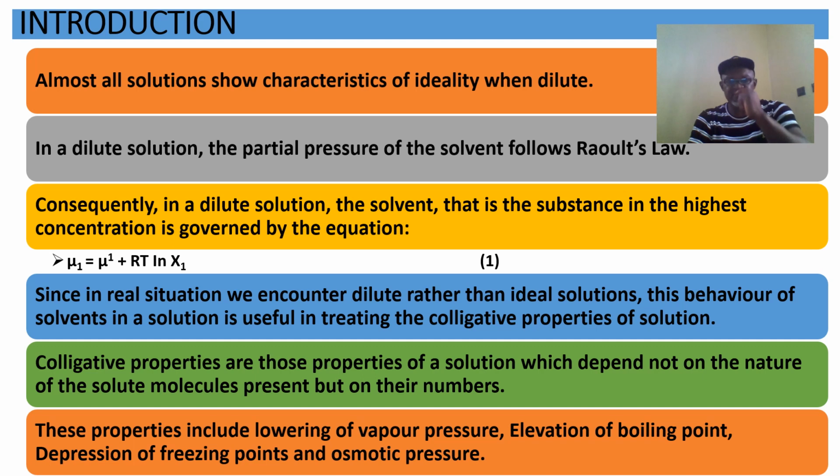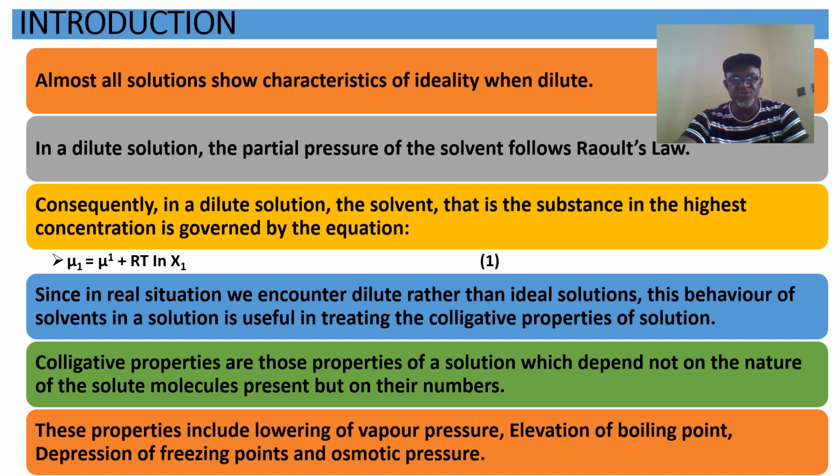Now, by introduction, when we talk about ideal solutions, we're talking about solutions that are very, very dilute. Now, we're talking about characteristics of ideal solution. And when we talk about all solutions that behave as ideal solutions, then we are talking about very dilute solutions.